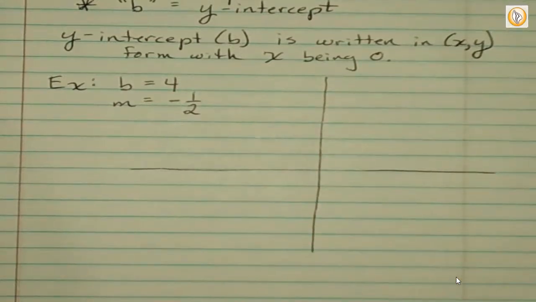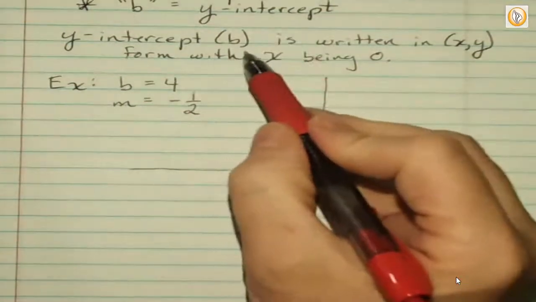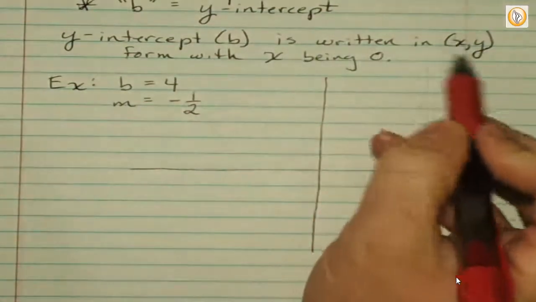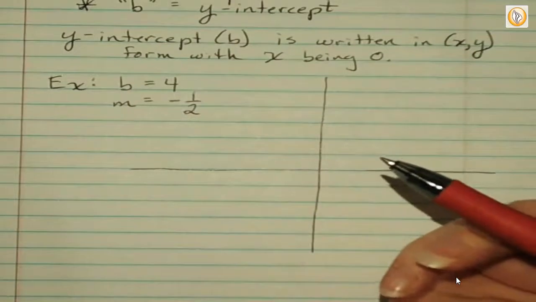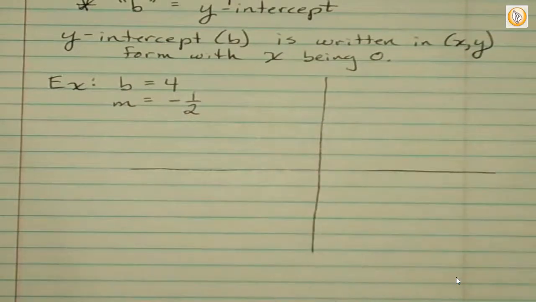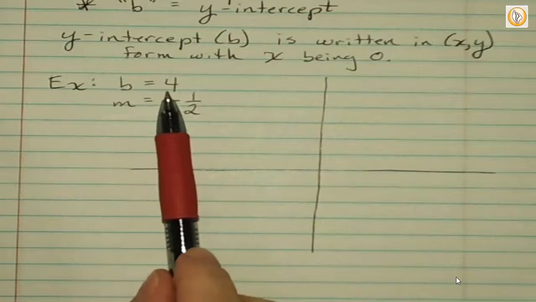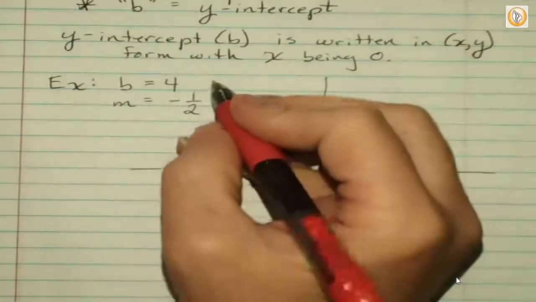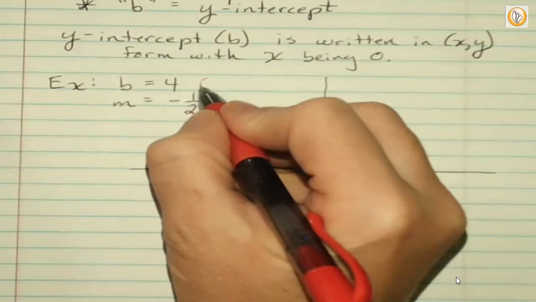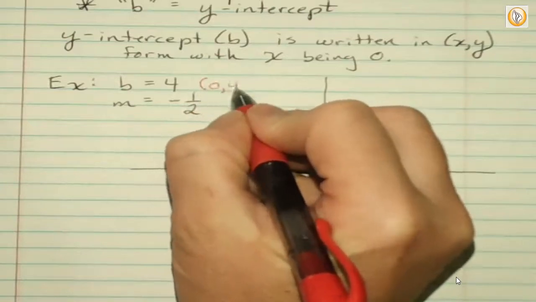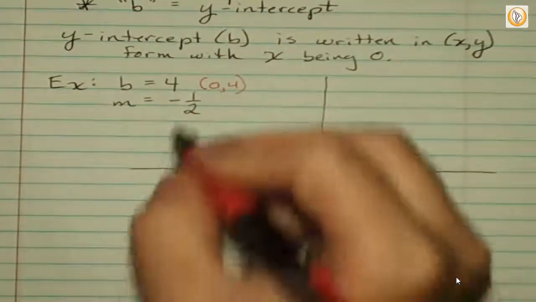Now, how it says right here, the y-intercept b is written in this format. Okay, well, here's my example as to why it doesn't matter. Sometimes they're going to tell you the y-intercept is just 4. But officially, it should be written as 0, 4. It doesn't matter. It's the same thing.